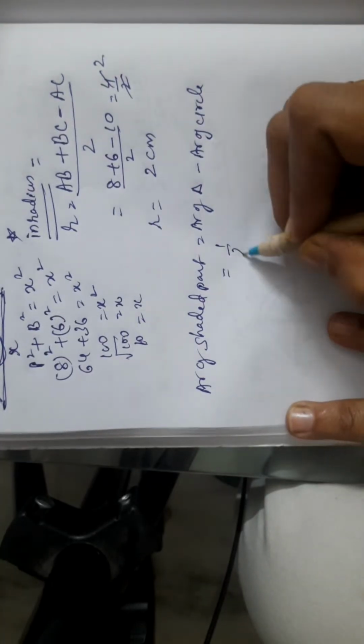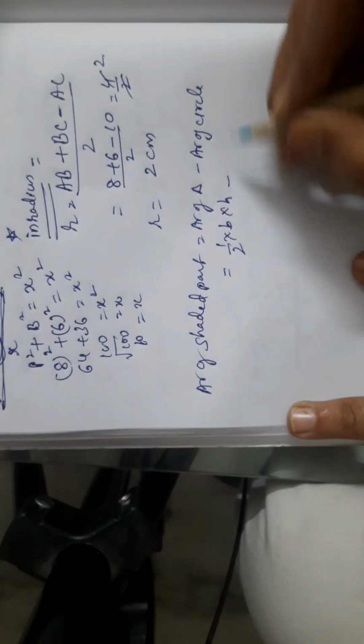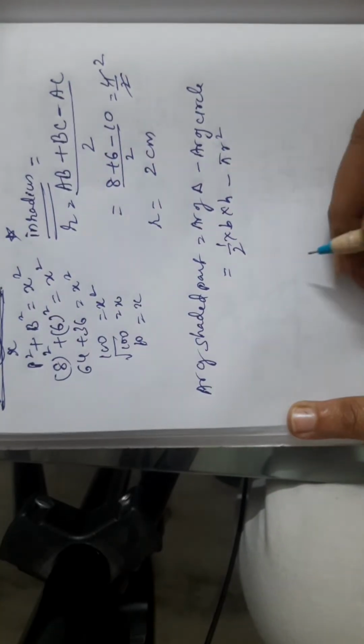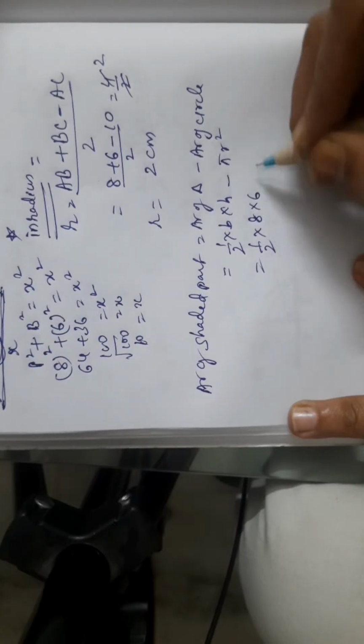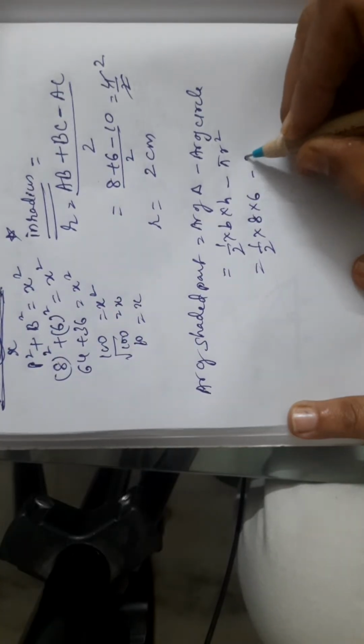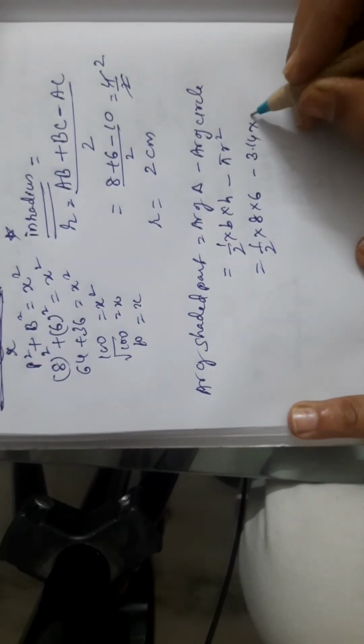Area of triangle is half into base into height, as it is a right angle triangle. Area of circle is pi r square. Half, base is 8, height is 6. Pi, here we will consider 3.14, it is given in the question. The radius we calculated is 2.